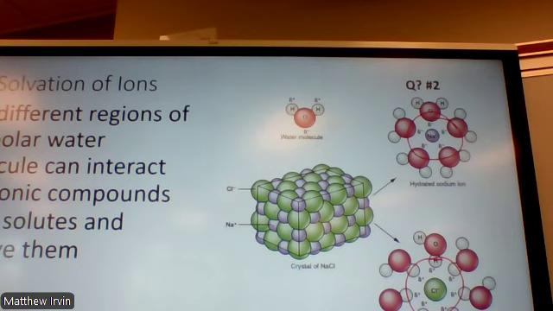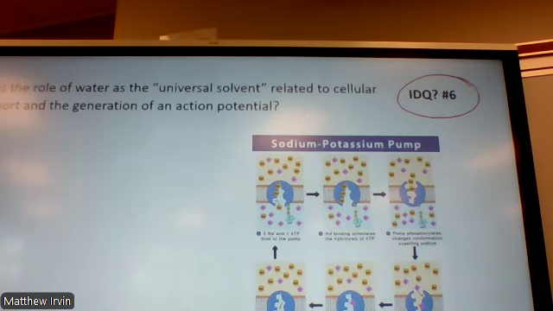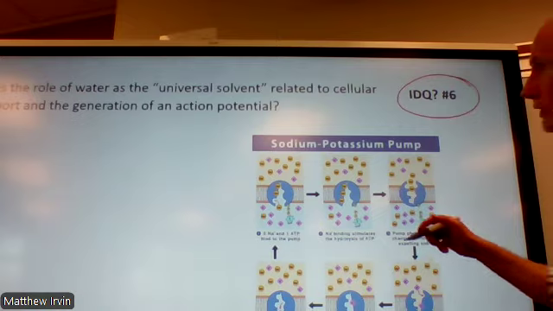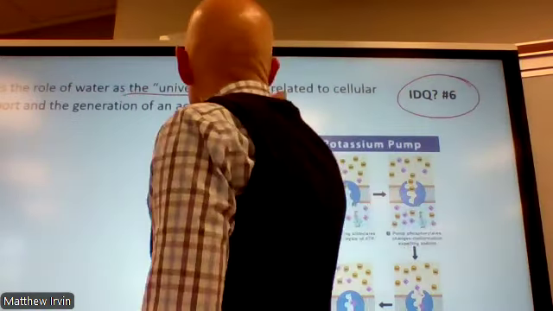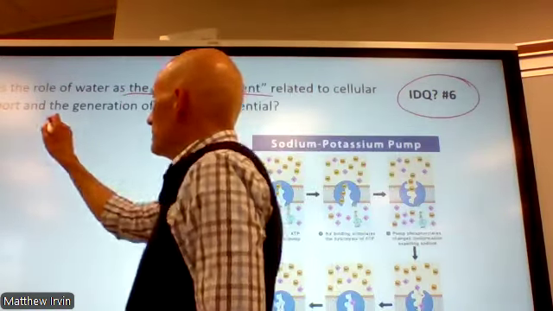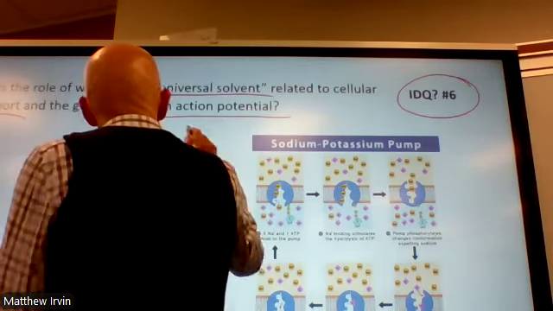So in our nervous system, we need sodium and potassium, and dissolving these compounds to make the ions. Ions are what give the charge differential across the nerve membrane. So when we look at this, the role of water as a universal solvent, cellular transport, and an action potential.